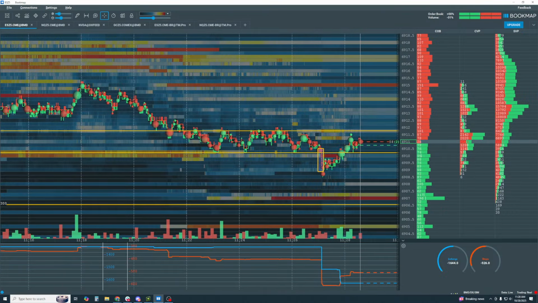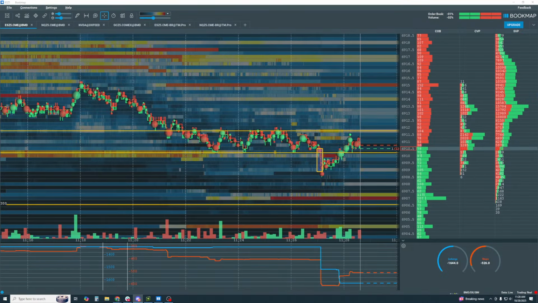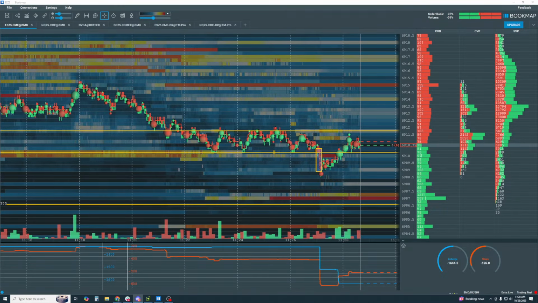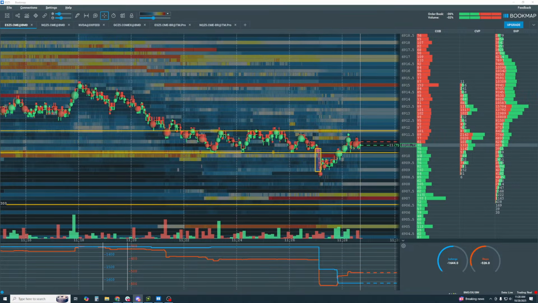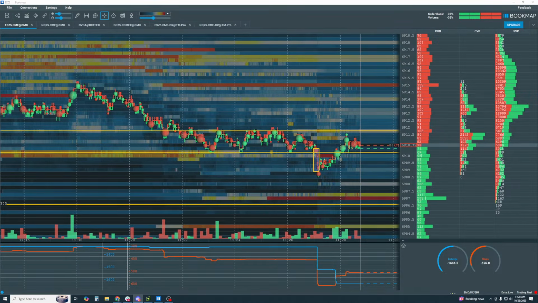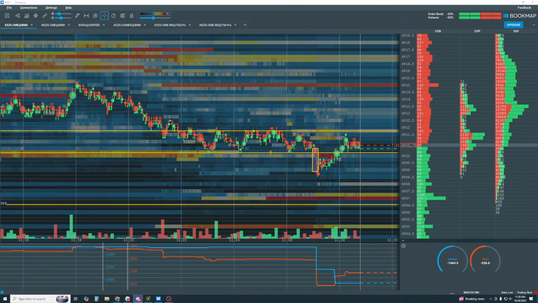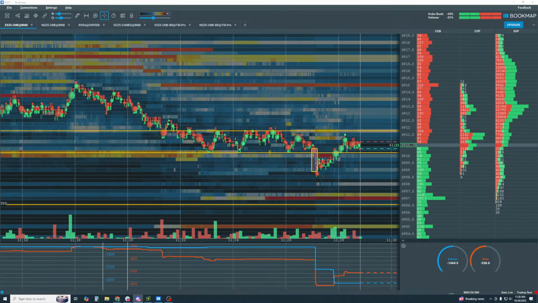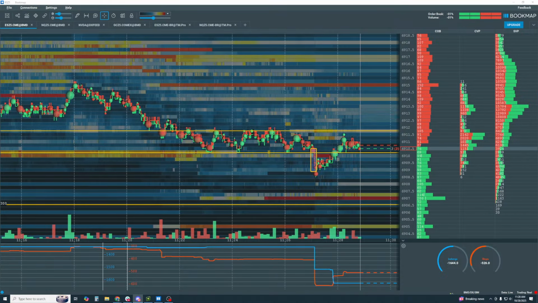Guys, another thing we were talking about in our last Bookmap Academy meeting: as you're building an edge in the pilot program, you're building experience. It's a quantifiable edge.